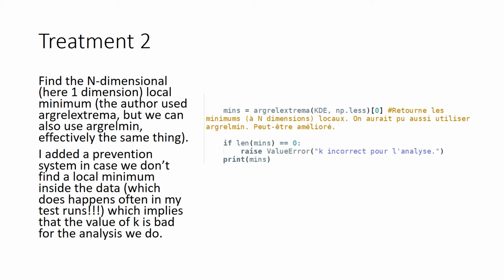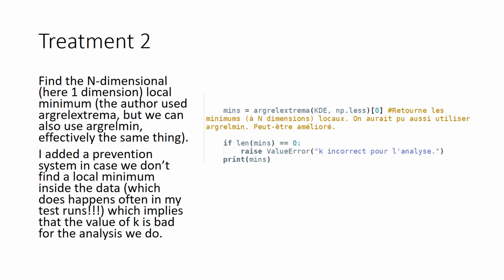So it's actually quite good that I added an exception raising in case the minimums were empty, and it means that the k is chosen incorrectly to not represent the function correctly. It's very important to do that, and maybe in his problem he didn't encounter that, or he assumed it was a bug, but it's not a bug, it's actually mathematically correct.